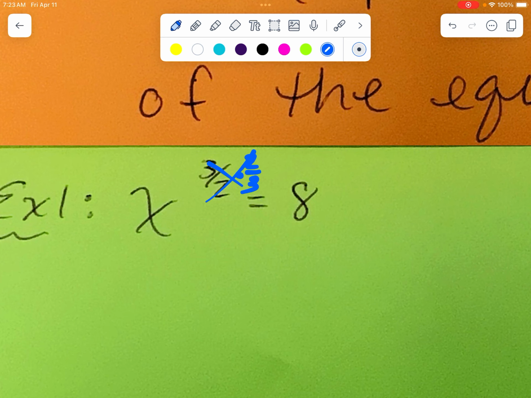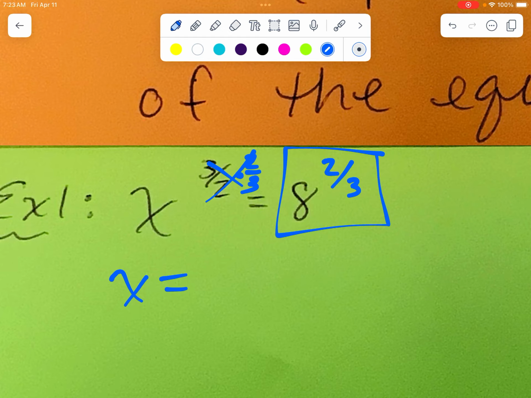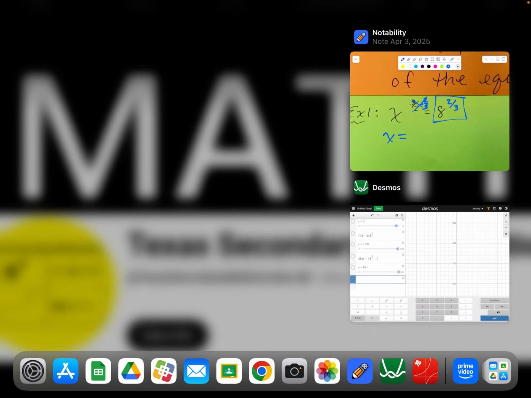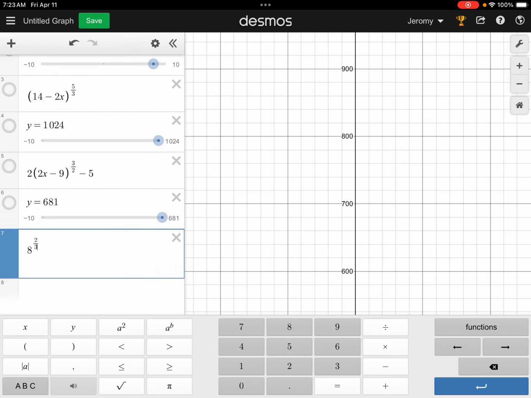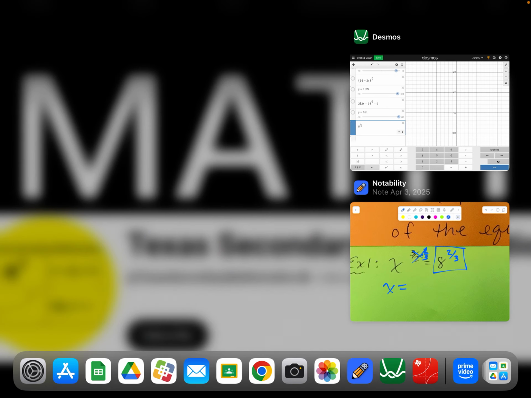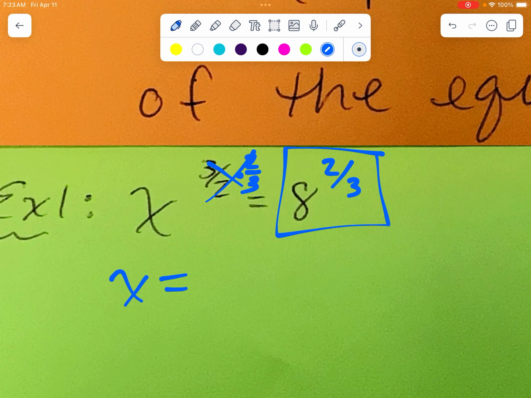But if we apply the 2/3 power on the left, we have to apply the 2/3 power on the right. Then we are simply going to use a calculator: 8 to the 2/3 power. We get an answer of 4. So x equals 4.